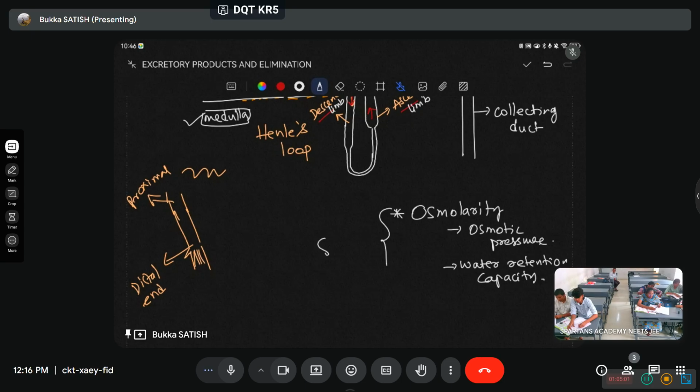If I have a solution, what is the relationship between its osmotic pressure and how this is related to water retention capability is what you need to find out, because the whole discussion of urine formation is going to depend on this. If you can't understand this, you can't understand that concept.